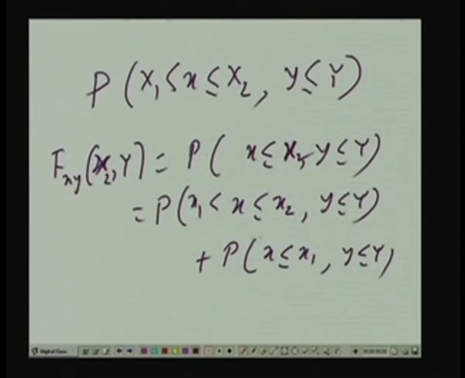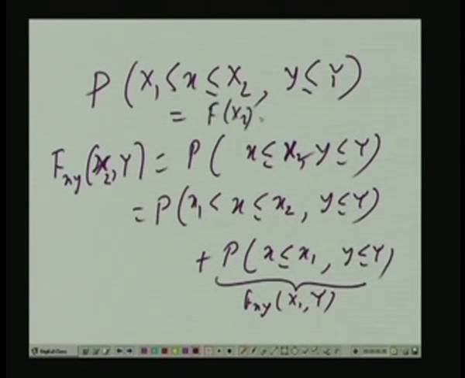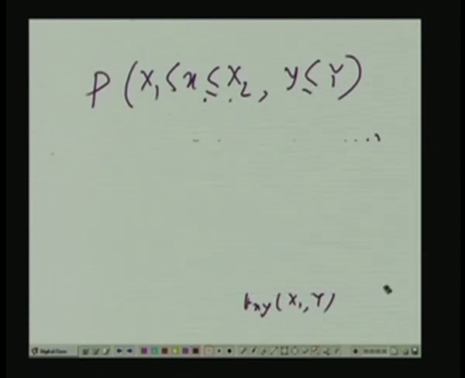And what is this? This is simply F x y of x1, y, which means this probability is nothing but F x2 minus, sorry.